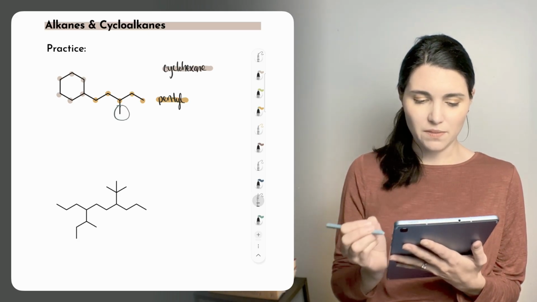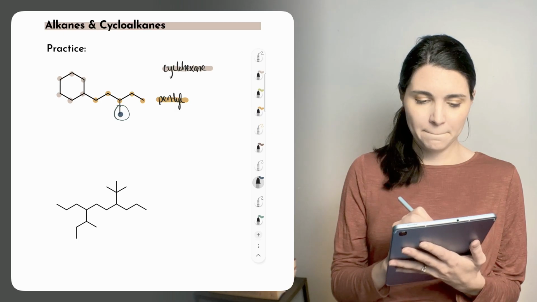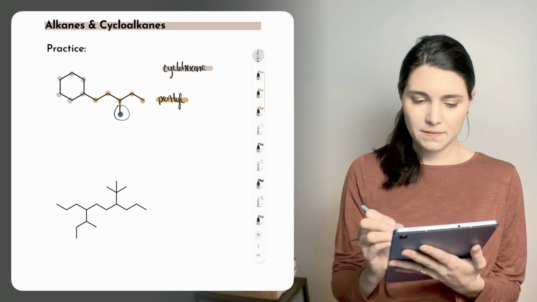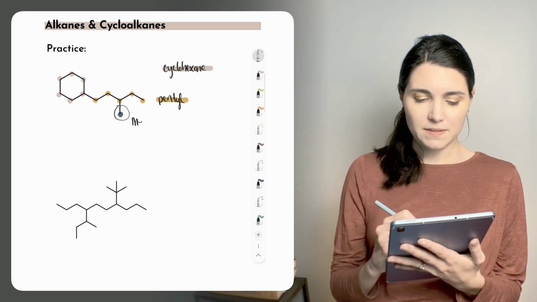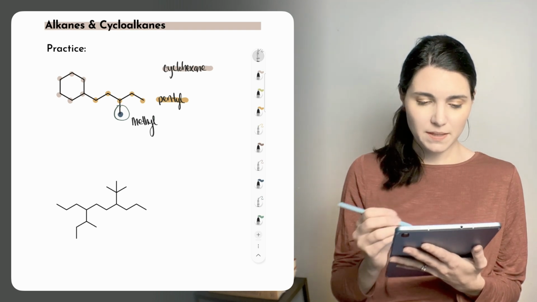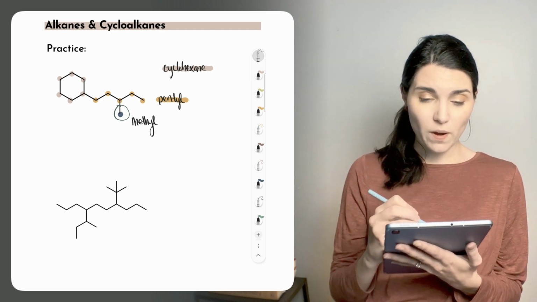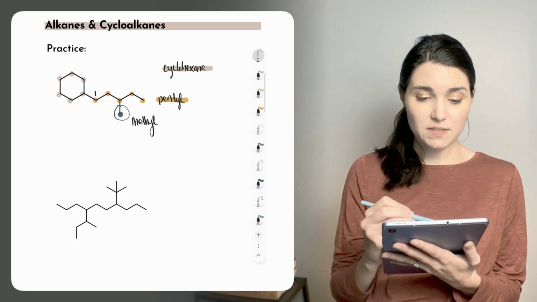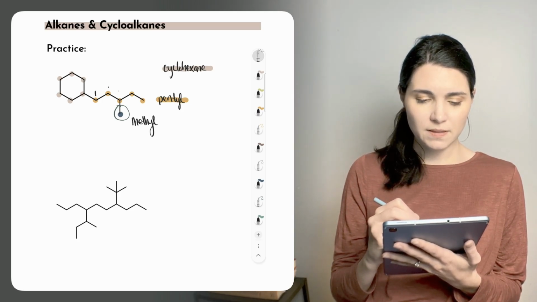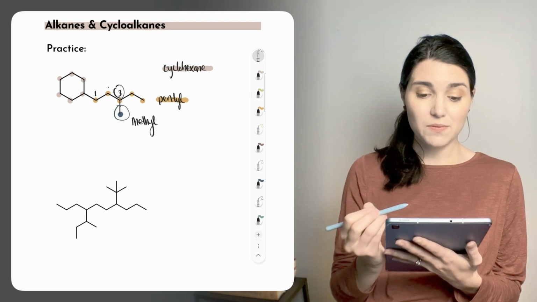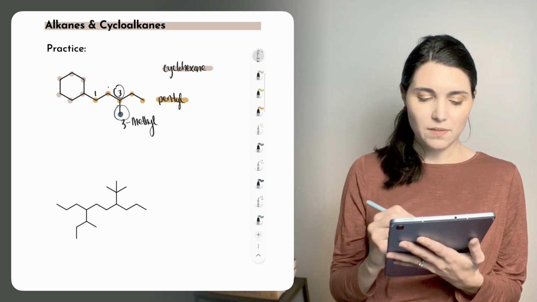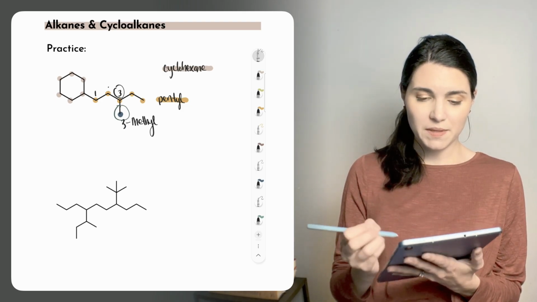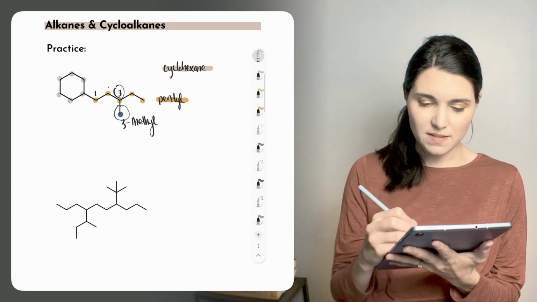So that's this methyl group here. So it's a methylpentyl group. And then we have to specify where that methyl group is on the pentyl chain. So where it attaches is carbon 1, 2, and then this is carbon 3. So we have 3-methylpentyl. I'm going to put that in parentheses.